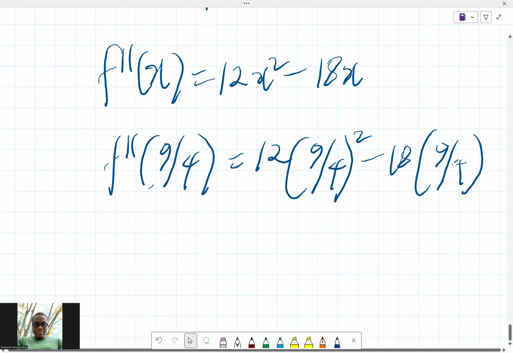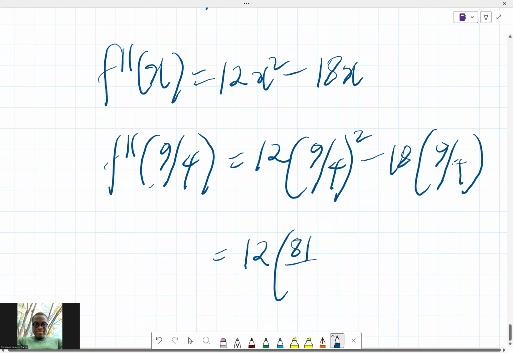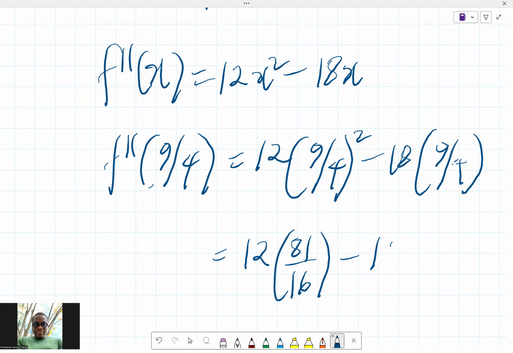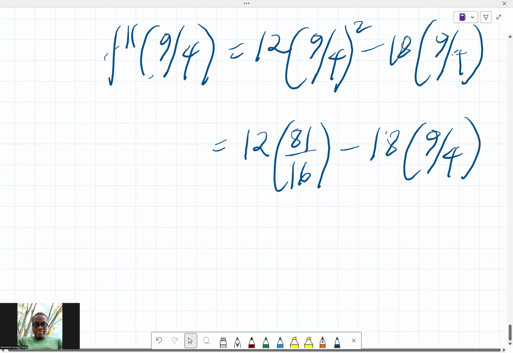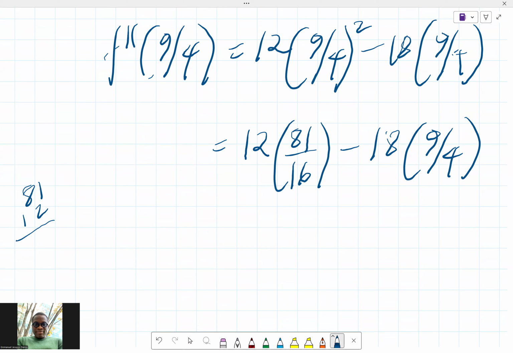So that means we have 12 into 81 over 16 minus 18 into 9 over 4. If you work that out, 81 times 12 is 972.